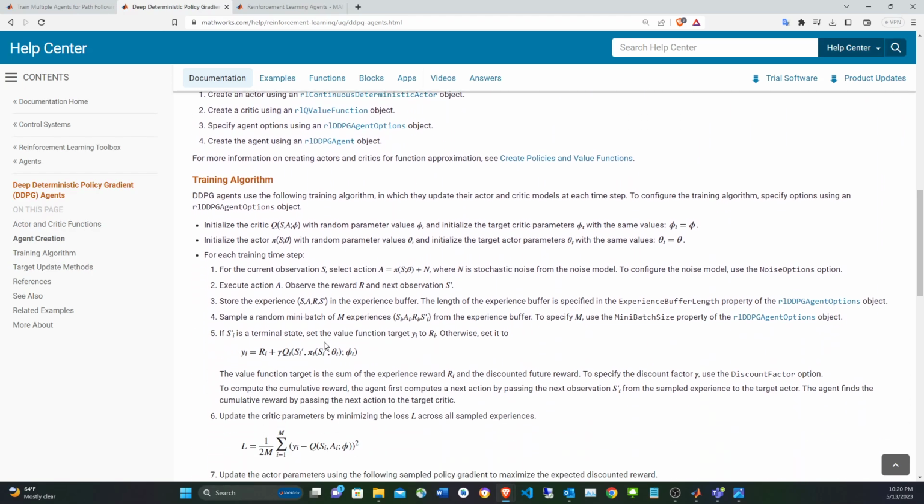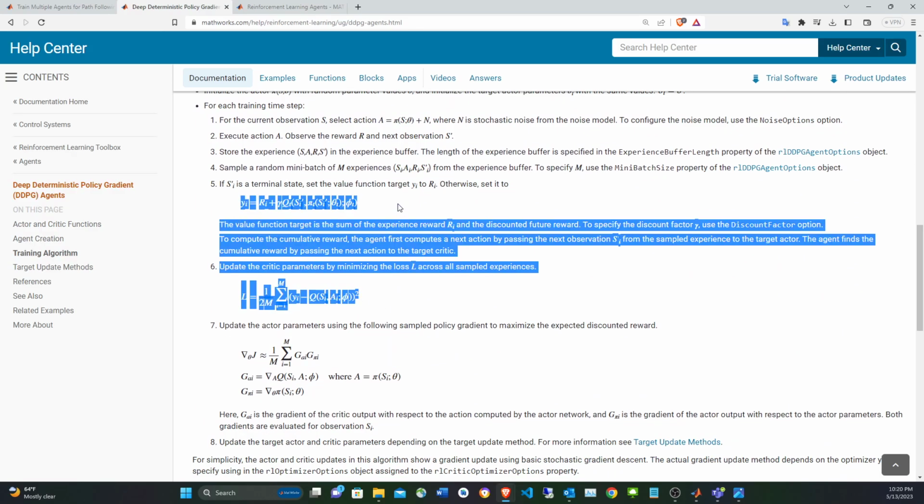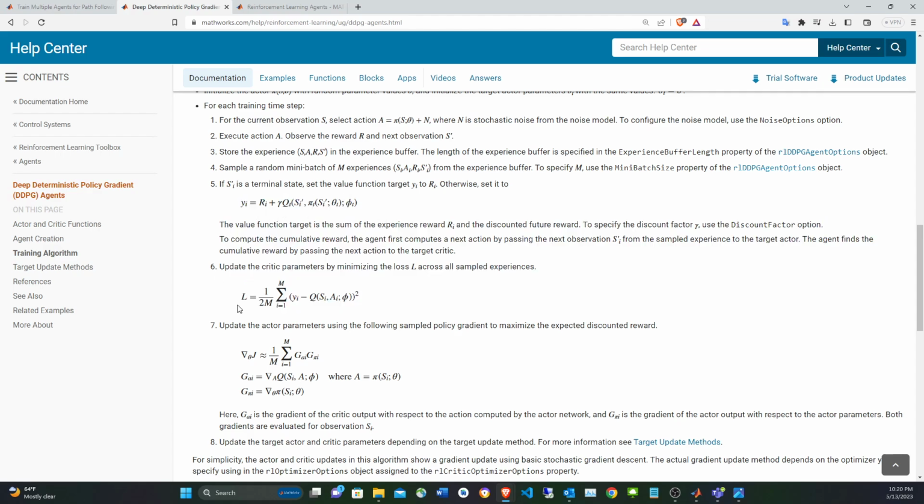Okay, so these formulas over here are to train the critic network, computing the loss of the Q function value. And this one is to train the actor, which is using the gradients to maximize the reward. Okay, so as I mentioned, the agent, as other agents have, a configuration parameter called experience buffer length.